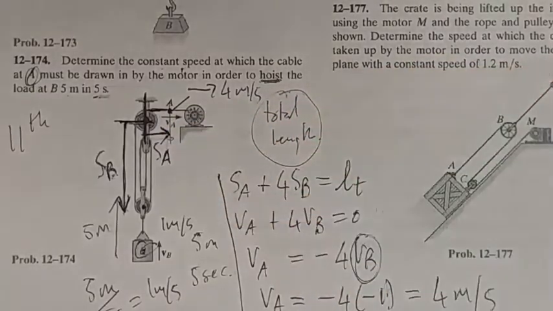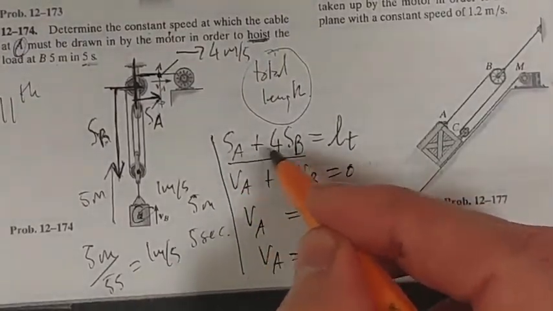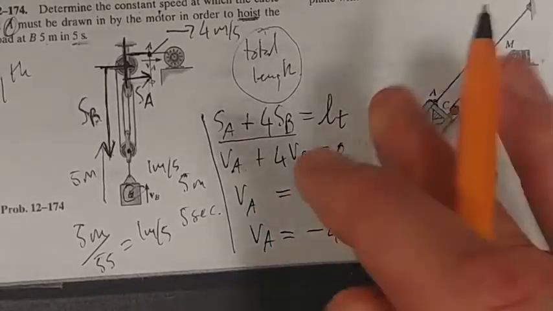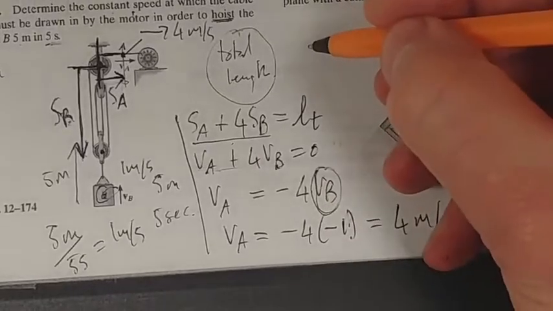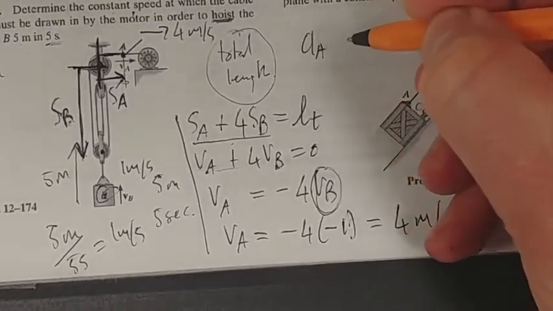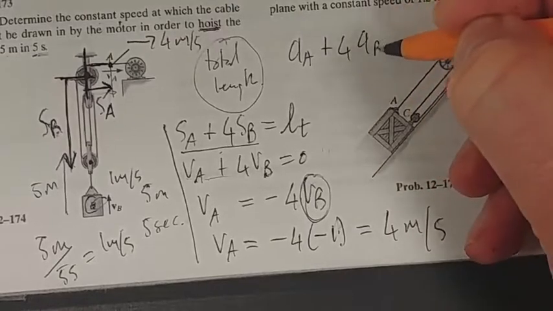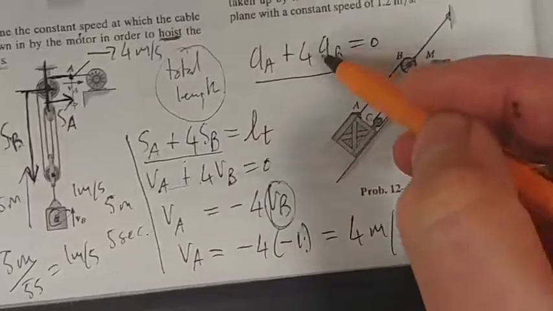And we got this relationship: SA equals 4SB, VA equals 4VB. And so from this, we know we should get acceleration of A plus 4 times acceleration of B equals 0.